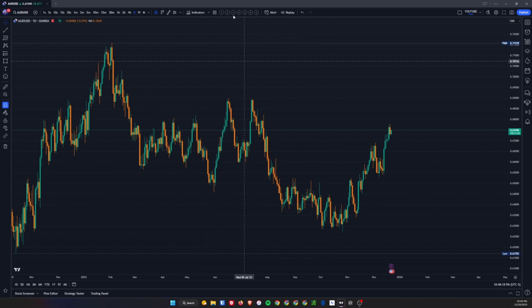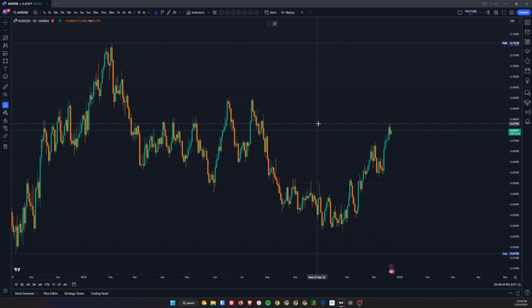Another way you can mark major levels is with a line. Whether you want to use a box or line, it's up to you. I tend to actually use both.